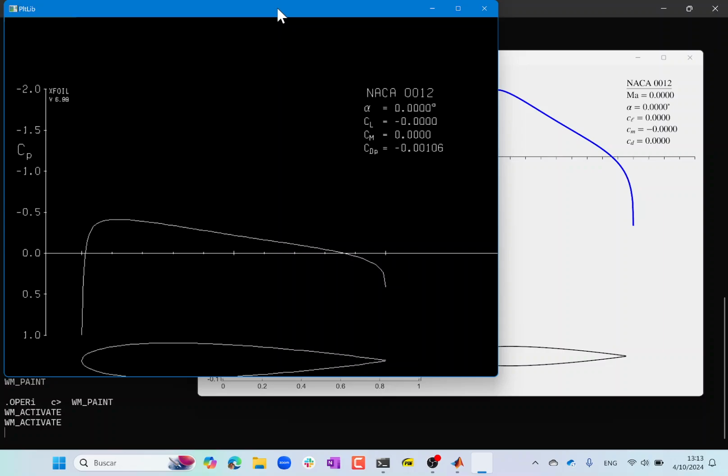It's the same one. So everybody go to the same location. Yeah, enter. Okay, then alpha, zero space zero. That's okay.